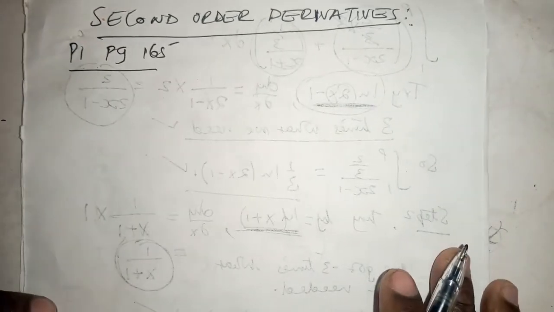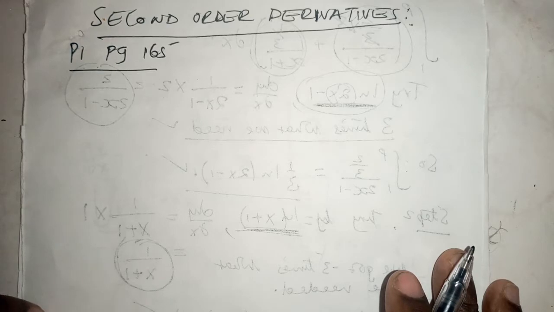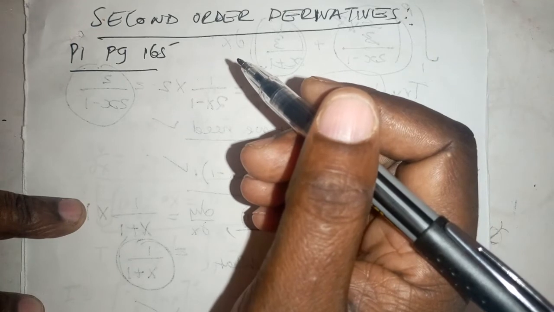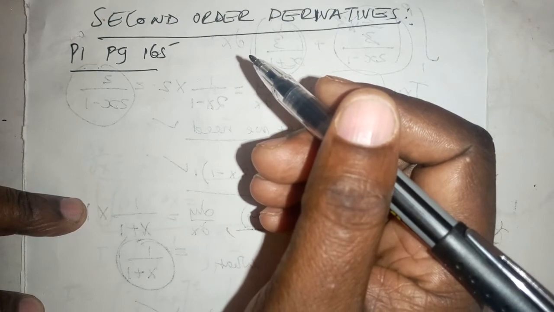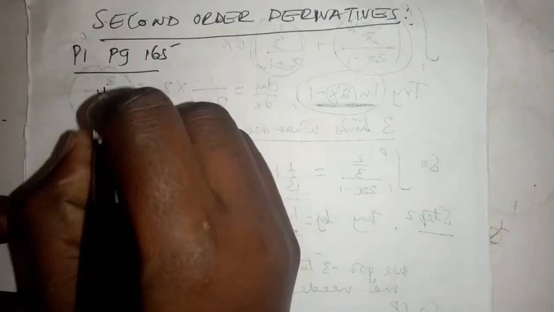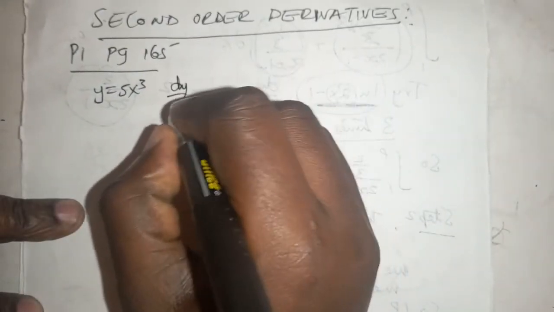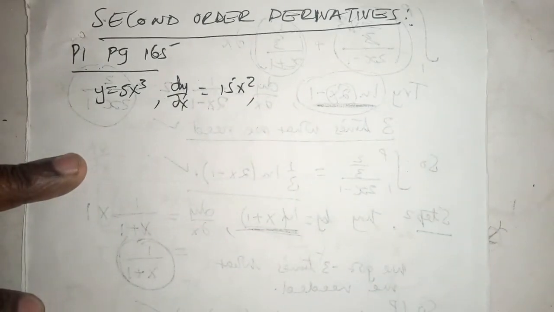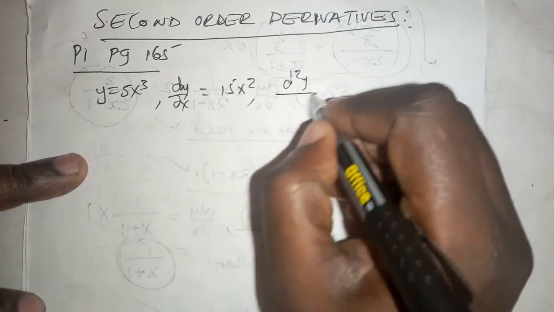We are told that on that page you can find the rate of change of the gradient function by differentiating the function twice. For example, if you have y equals 5x cubed, dy/dx is 15x squared, and then the second derivative is d squared y over dx squared.